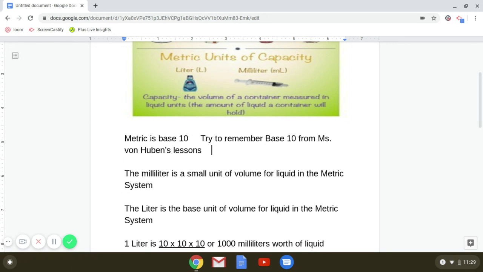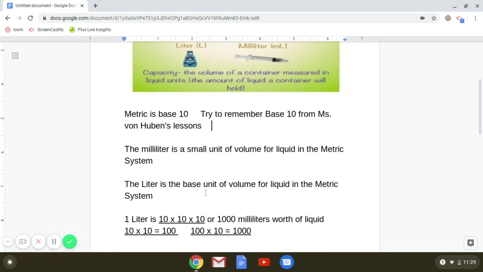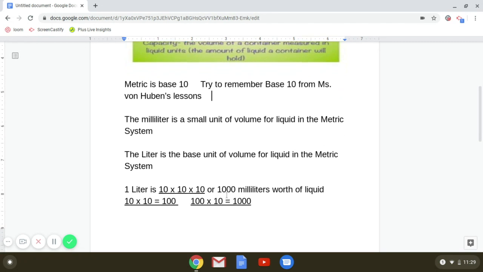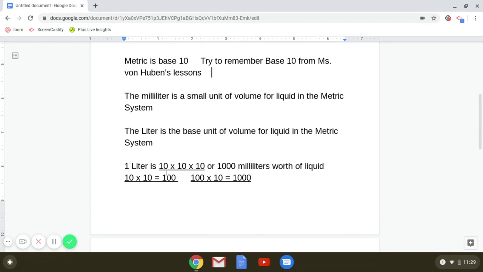There are smaller, but for now, that will be the smallest we're dealing with. The liter is the base unit of volume for liquid in the metric system. 1 liter is 10 times 10 times 10, or 1,000 milliliters worth of liquid. So that would be 100 of those vials I showed you to fill up 1 liter of liquid.